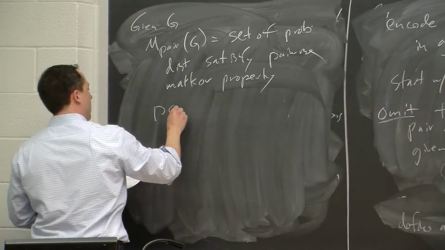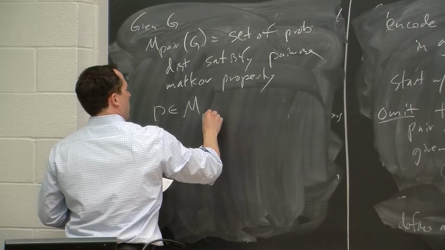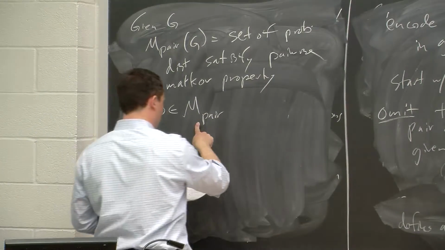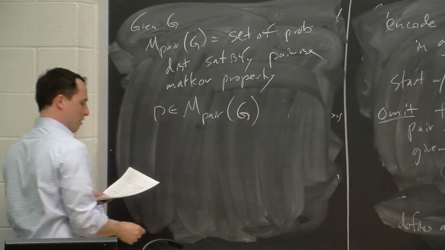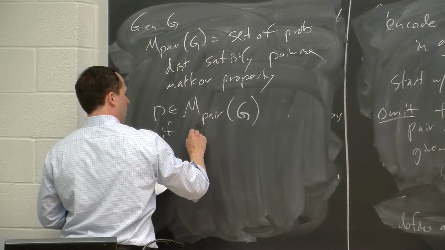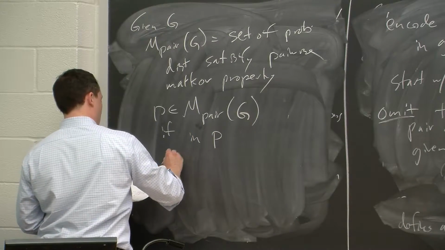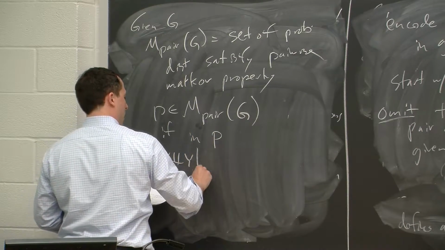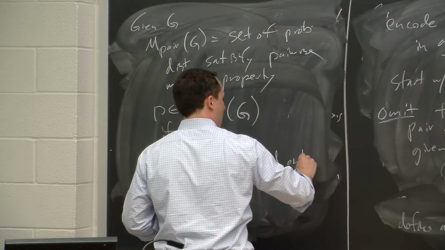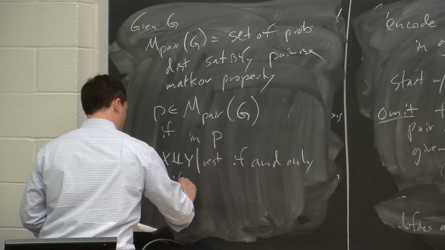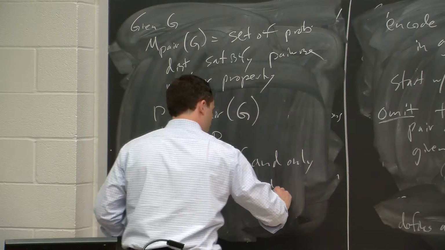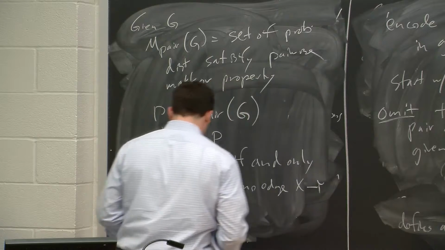That is, a probability distribution is in the set of all distributions that satisfy this property according to G if, in this probability distribution, X is independent of Y given the rest, if and only if there is no edge from X to Y.